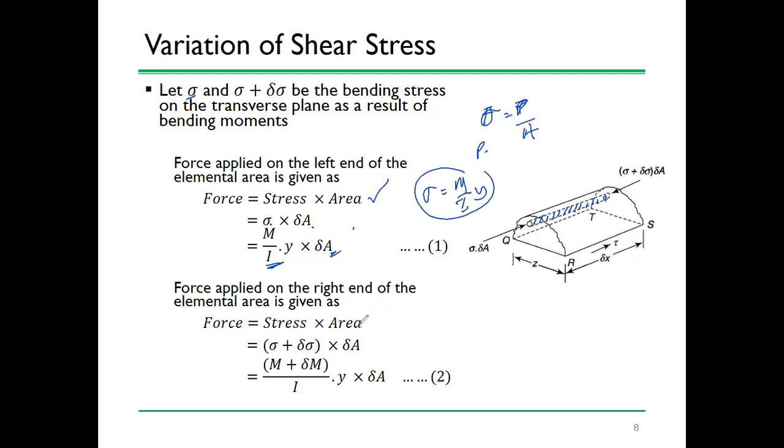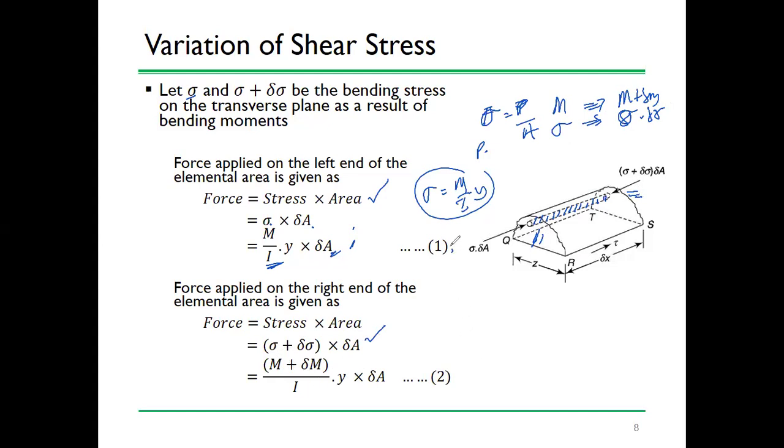If you move to the right end, like we noted, if moment transforms to moment plus dM, then it makes sense to say that the stress will also transform. So instead of M, it is now M plus dM over I times y.